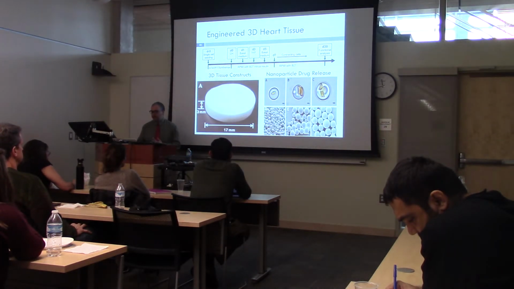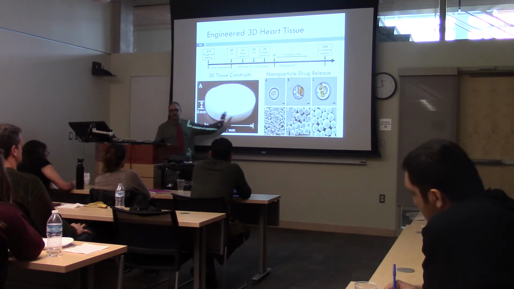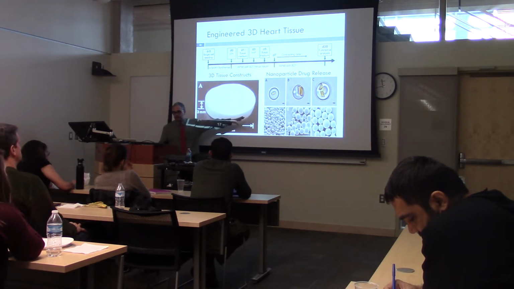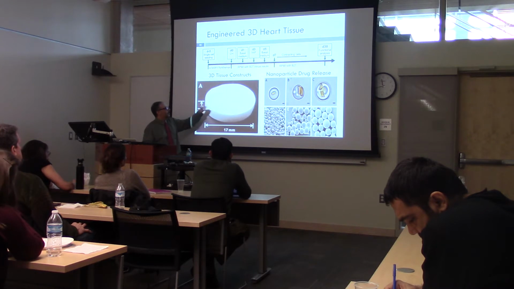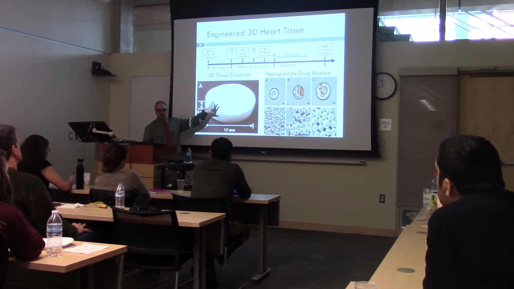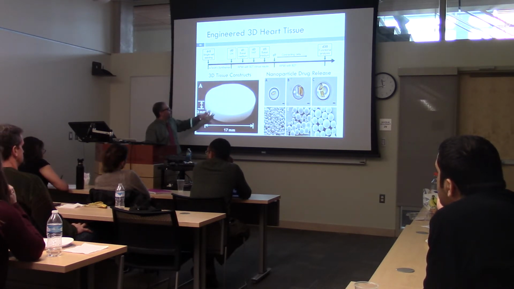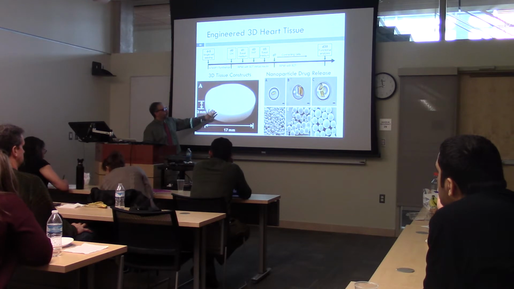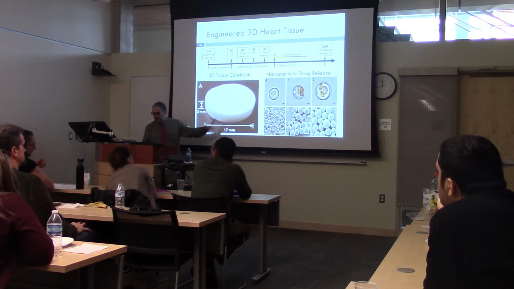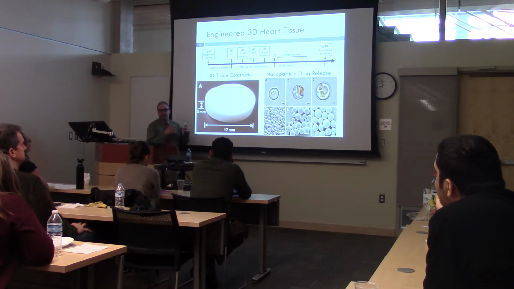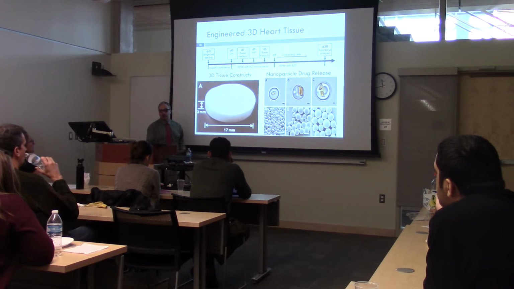So, engineered 3D heart tissue. I have an NIH R01 that just started at the beginning of this year on bringing in a graduate student and a couple of postdocs to work on this, making 3D tissue constructs with the ability to either vascularize or put in cardiac cells, and using that in a mouse model.